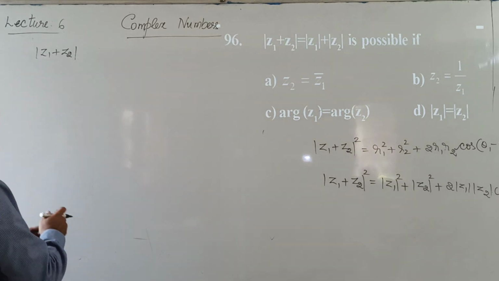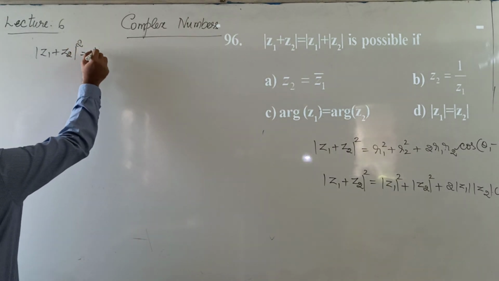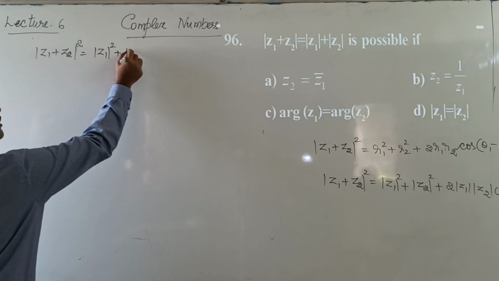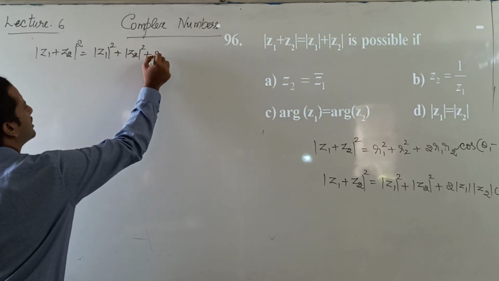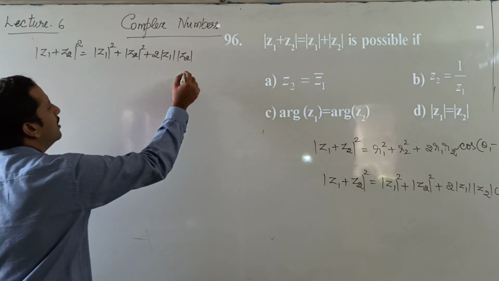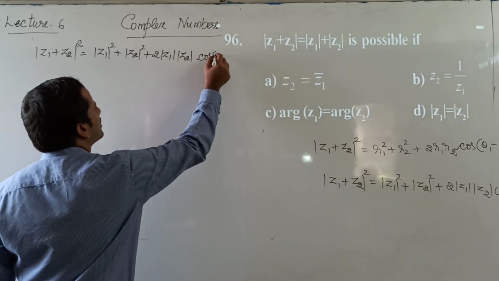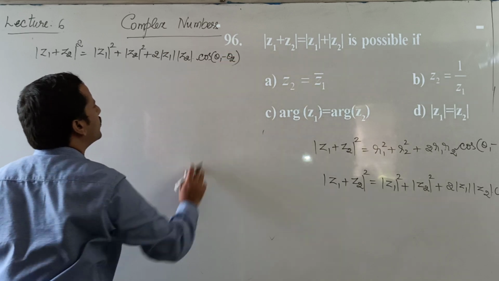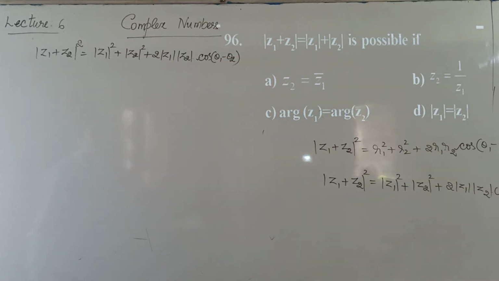Modulus of z1 plus z2 whole square is equal to mod z1 square plus mod z2 square plus 2 into mod z1 into mod z2 into cos of (theta 1 minus theta 2).